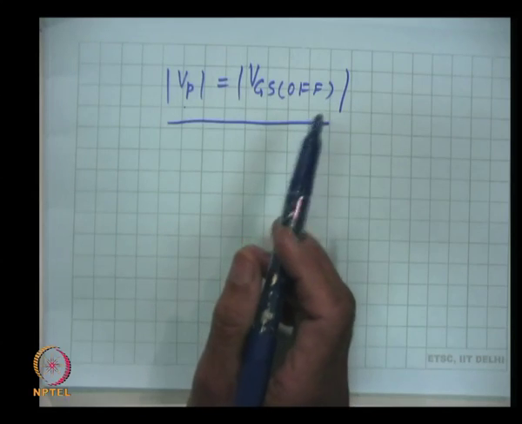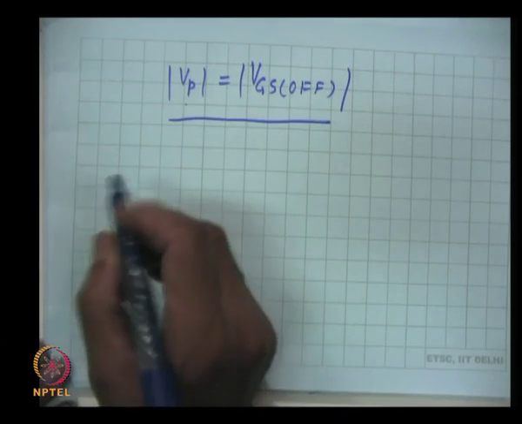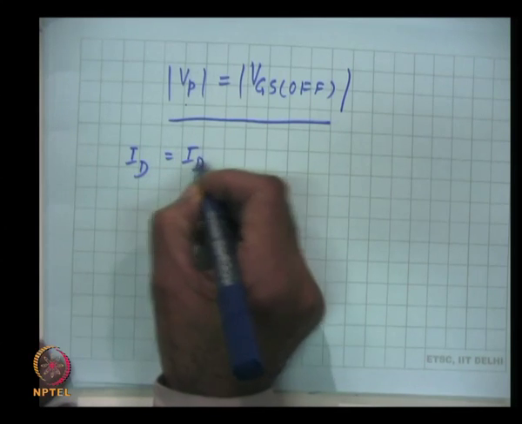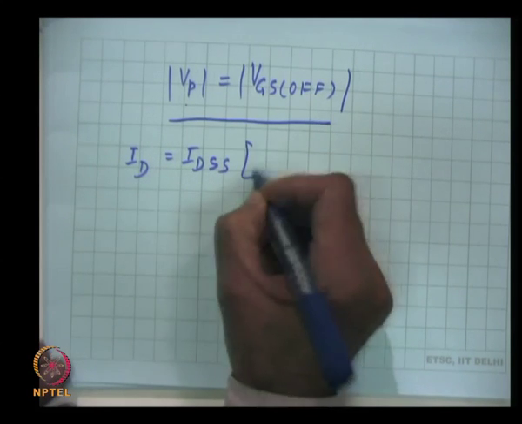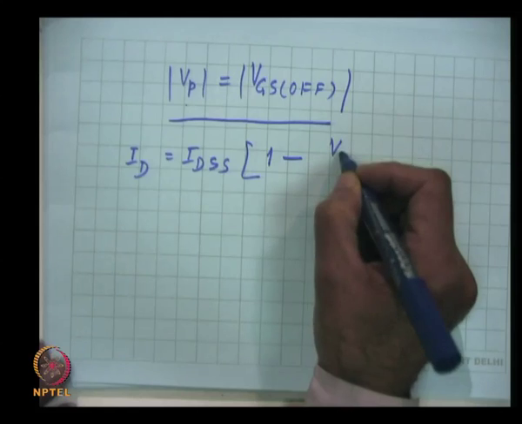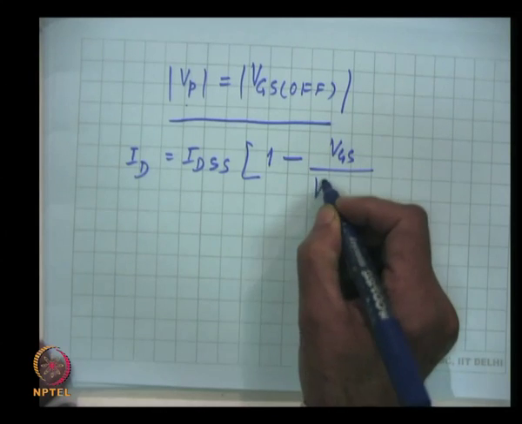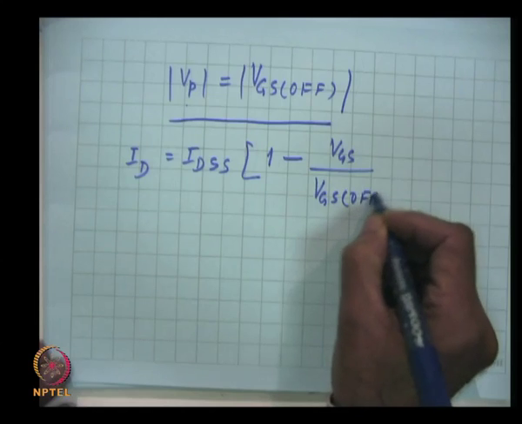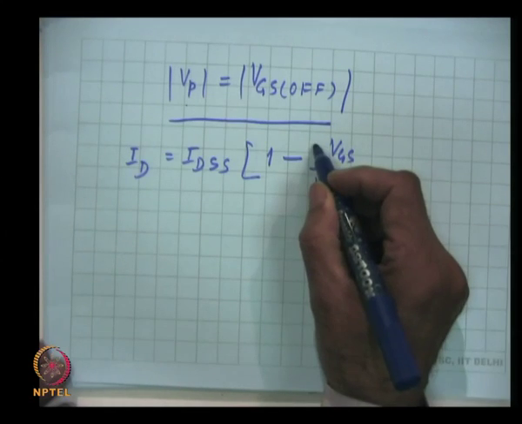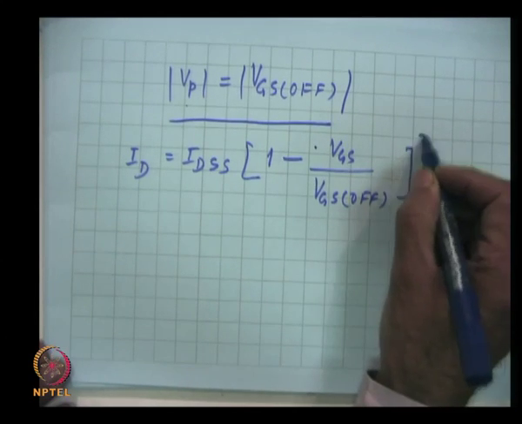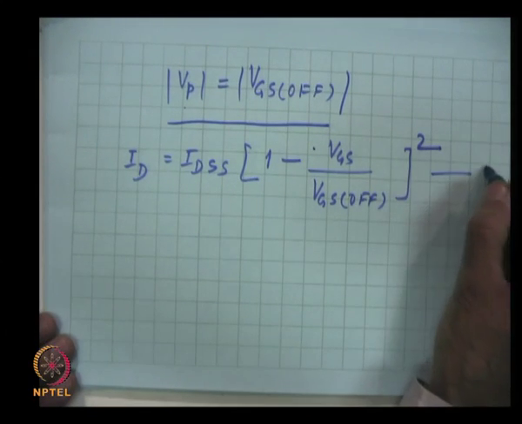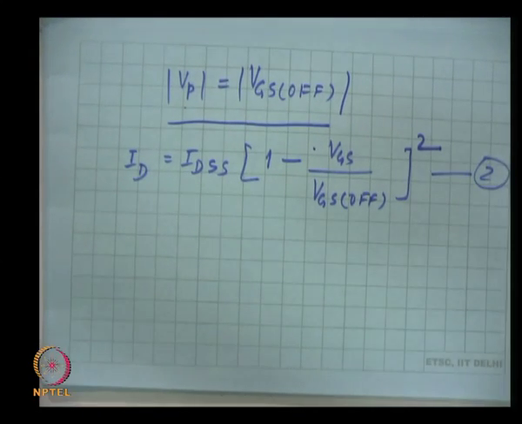So, that equation 1 can also be written as ID equals IDSS times the bracket with VGS over VGS off. Let us call this equation 2.